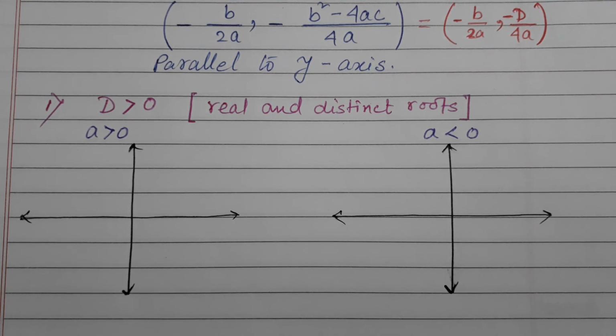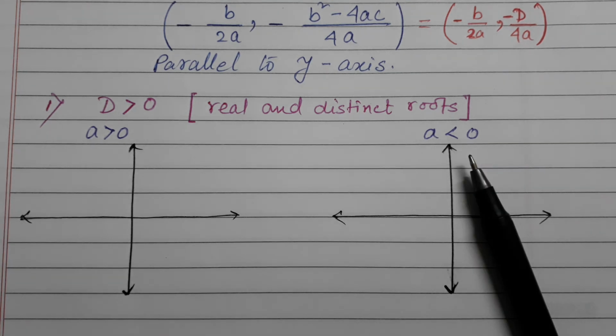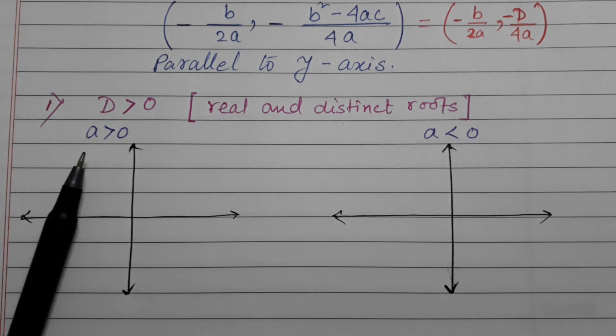Whatever, the x coordinate of this parabola is not that important. Important is the y coordinate. So in this case, the vertex is in the third quadrant or in the fourth quadrant. Definitely for this case, the vertex will be in the first quadrant or in the second quadrant.